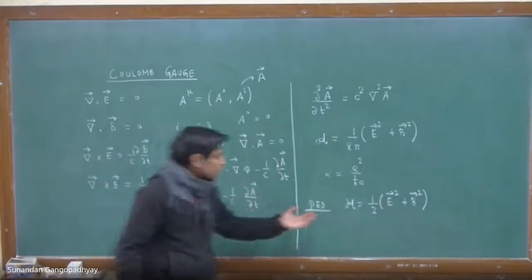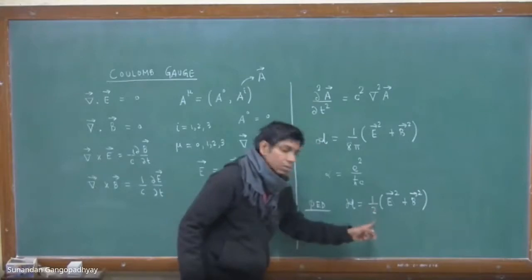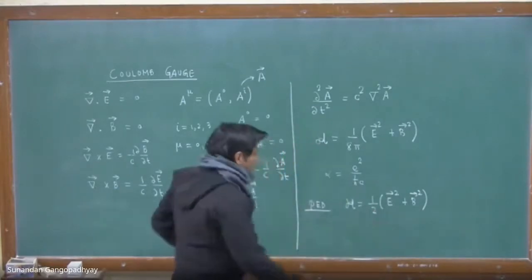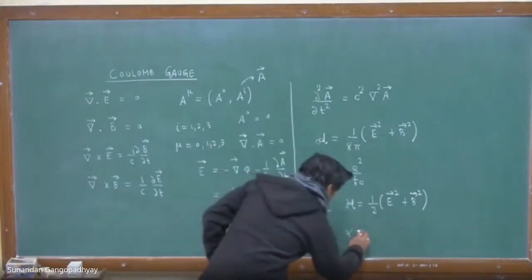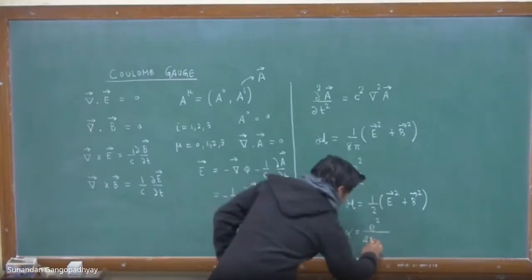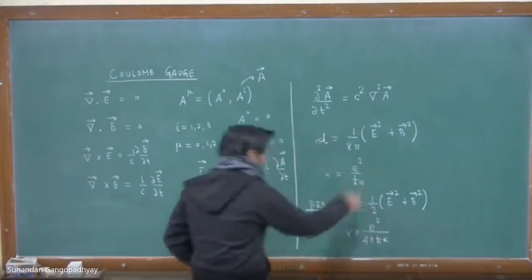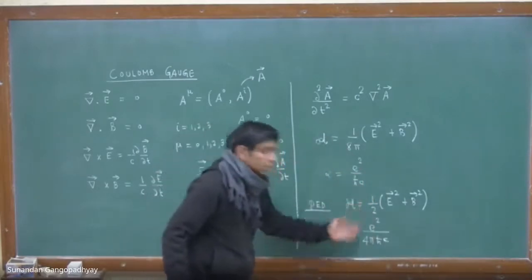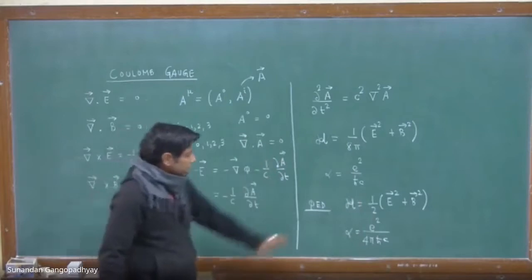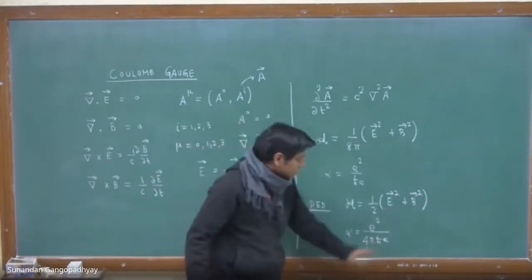In rationalized units, you don't have the factor of 1 by 8 pi in the Hamiltonian density; rather you have a factor of 1 by 2. And in these units, the fine structure constant is e squared by 4 pi h bar c.